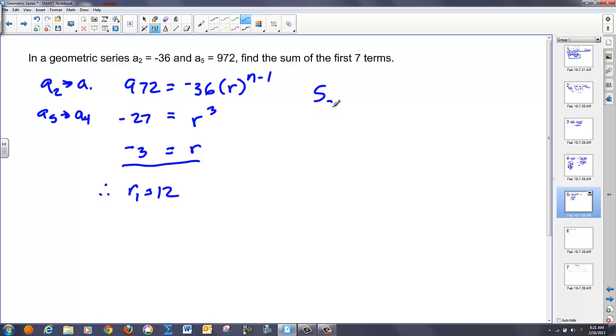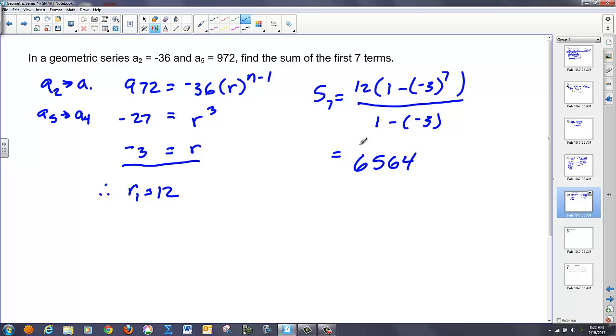The sum of the first 7 terms is equal to the first term, 12, times 1 minus my ratio, and we've just found my ratio is negative 3, raised to the n, that's 7 in this case, all over 1 minus my ratio of negative 3. And again, it turns itself into a calculator problem. And after plugging it in the calculator, we get 6564.